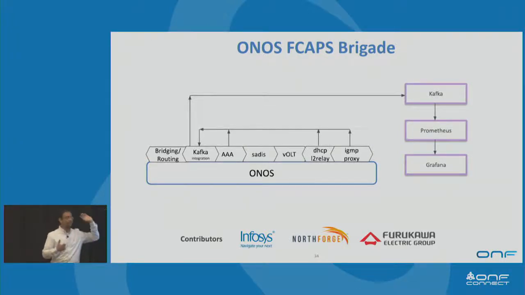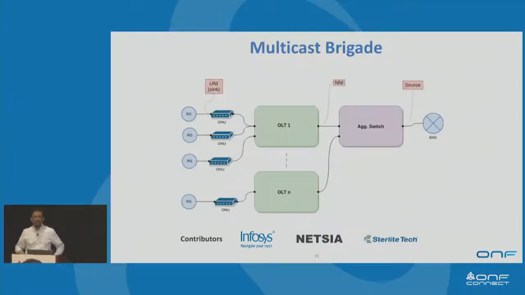So the idea is that these applications will publish that state onto the Kafka bus and again go through our monitoring infrastructure. So this is the job of this particular brigade and the people who are in there who come together to publish that information.